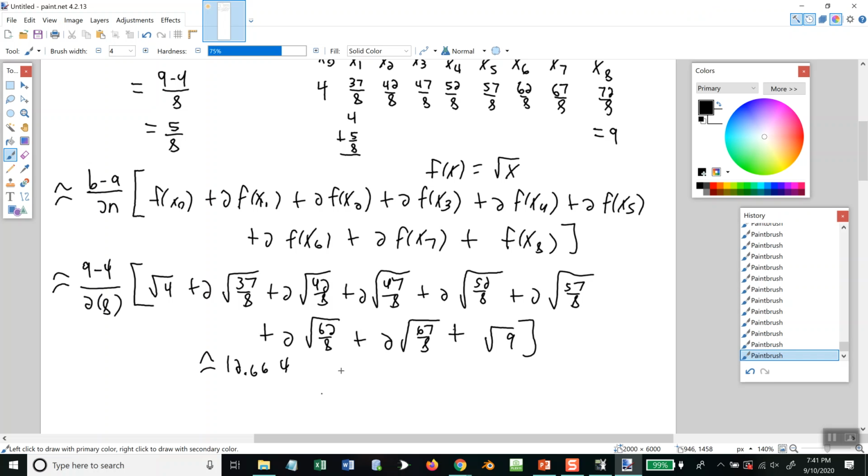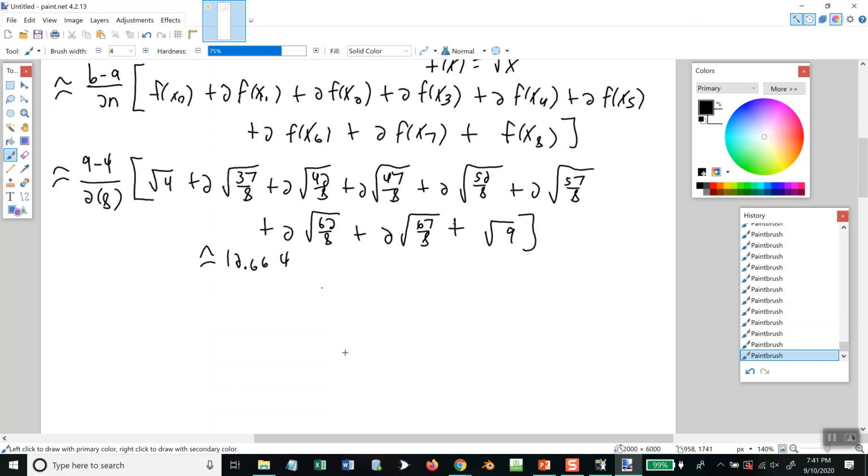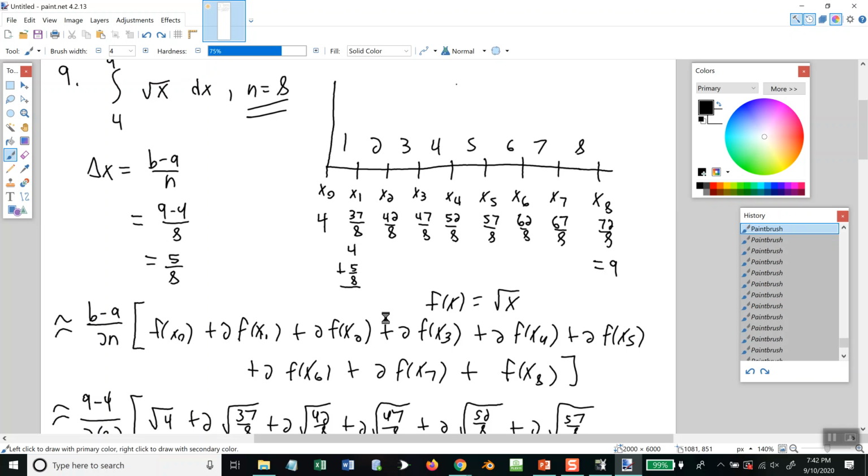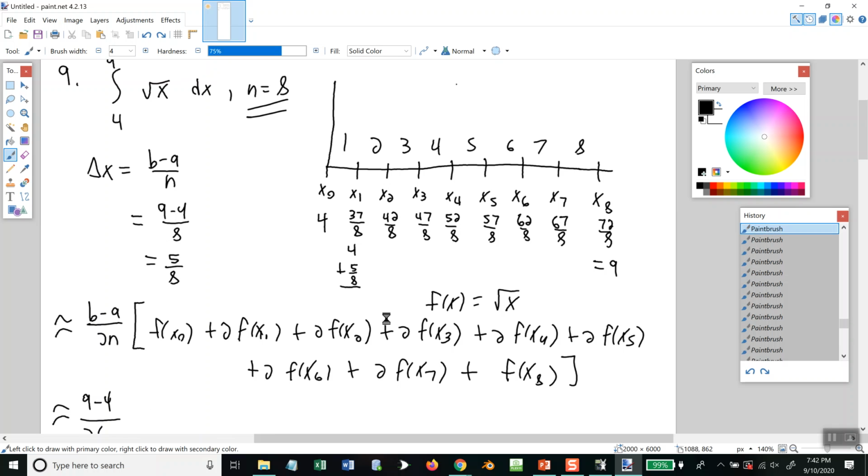Now we still have the other rule to do. So let me back this up to get back to this point. This one I'll just do the setup. I won't actually plug it into the calculator.